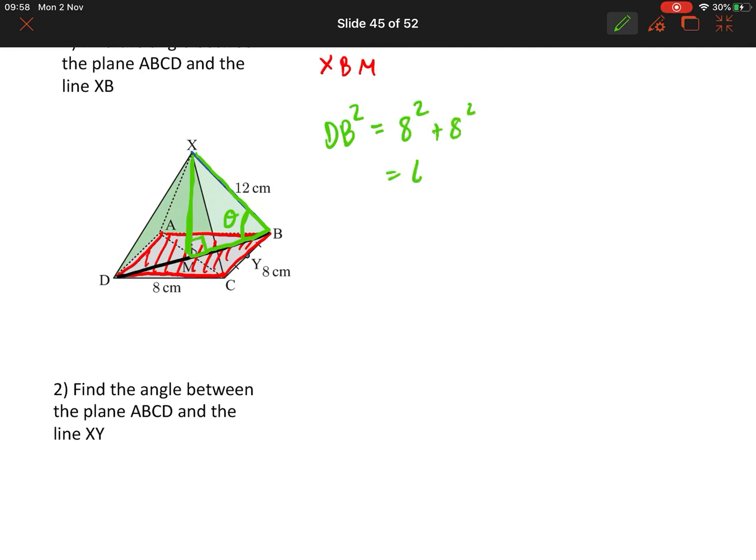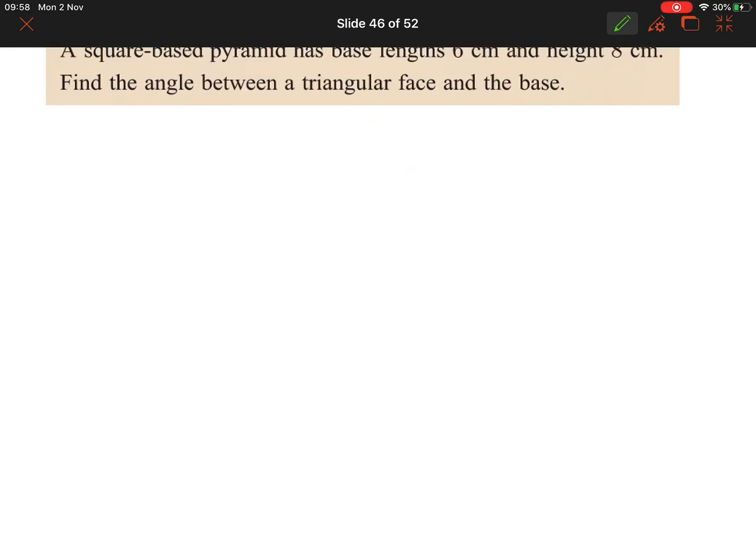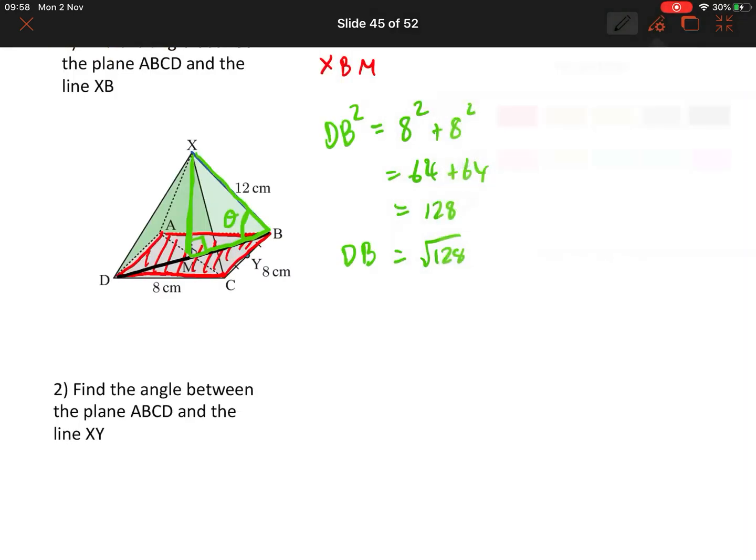And DB squared is equal to 8 squared plus 8 squared, 64 plus 64, which is 128. So DB is equal to root 128 using this right-angled triangle here. Let's hope that makes sense.